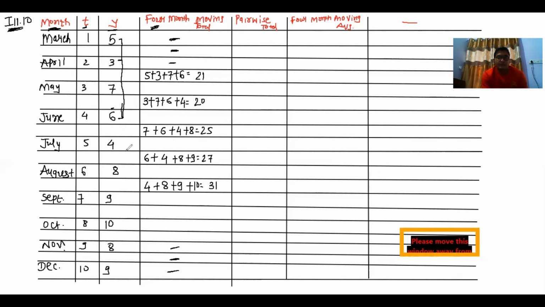31. Then starts from 8 plus 9 plus 10 plus 8. Answer 35. And the last one starts from 9 plus 10 plus 8 plus 9. Answer is 36. Okay, so here we have prepared the 4 months moving total.